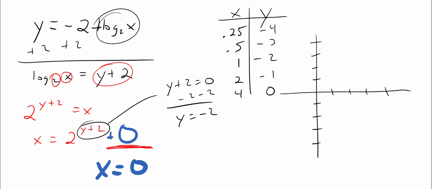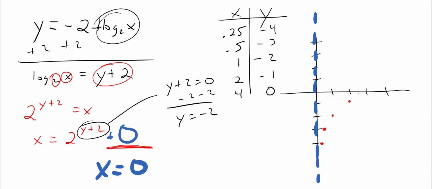Okay, so the first thing we're going to do, math fans, is we're going to draw the asymptote, and that happens to be at x equals 0. Cool. Okay, let's plot some points. 0.25, negative 4. 0.5, negative 3. 1, negative 2. 2, negative 1.